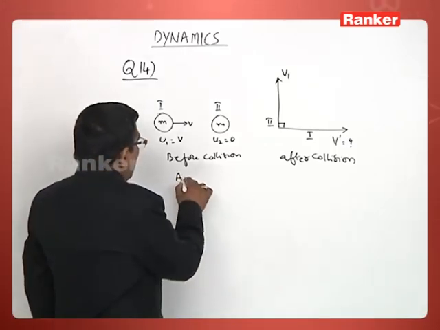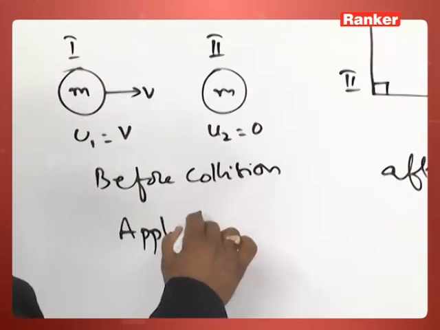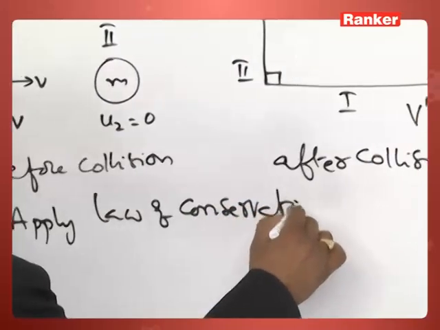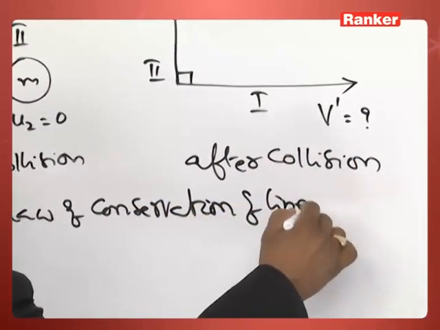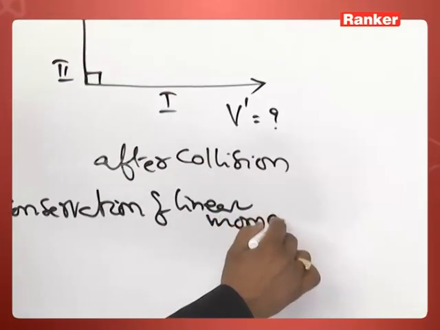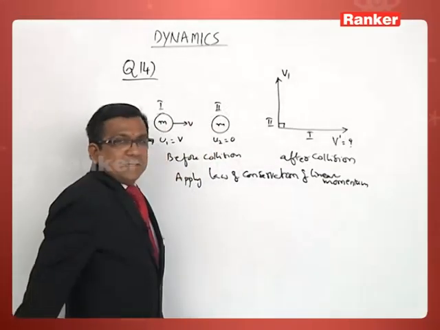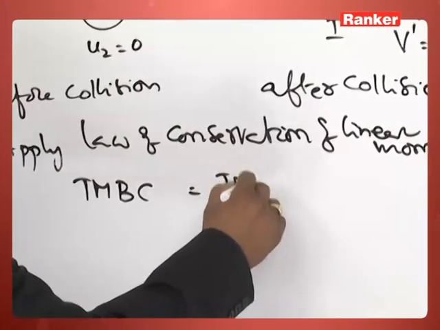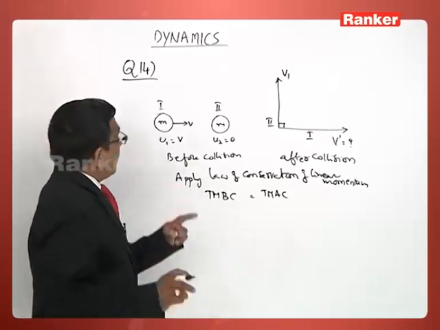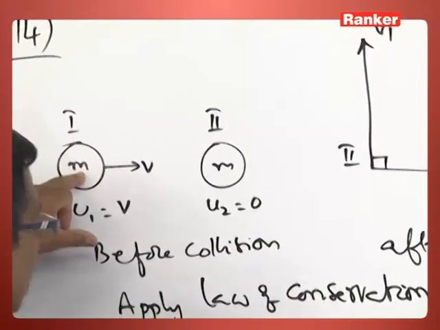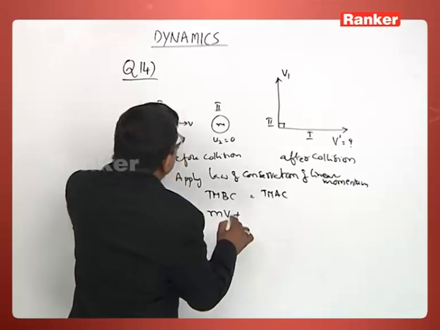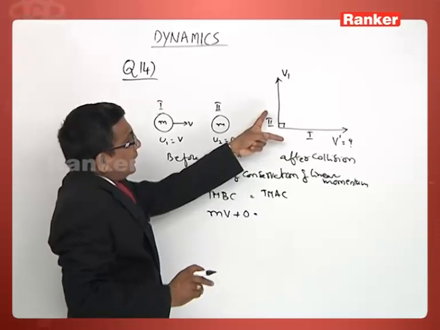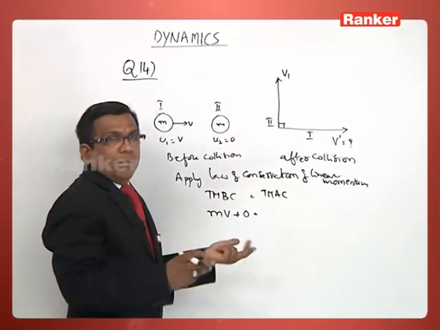So now apply the law of conservation of linear momentum. Total momentum before collision equals total momentum after collision. Before collision, only this particle is moving, so its momentum is mv plus the momentum of the second particle, which is 0. After collision, these two particles are moving in perpendicular directions.